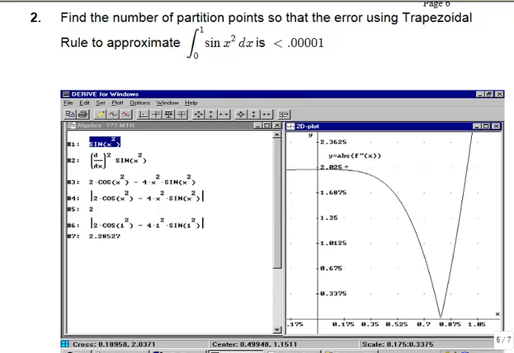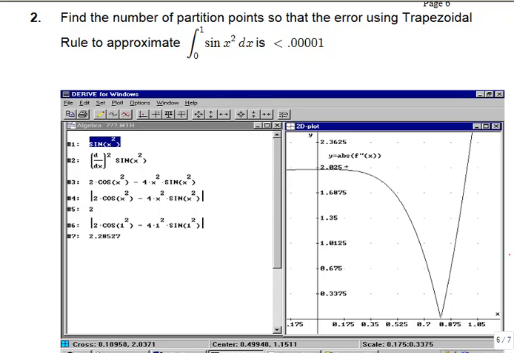Well, this time what I'm saying is I know that I want my actual approximation to be really close to the true area, and I want that error to be less than 0.00001. So how many trapezoids, what n value do I need to use to make sure that my answer is that accurate?